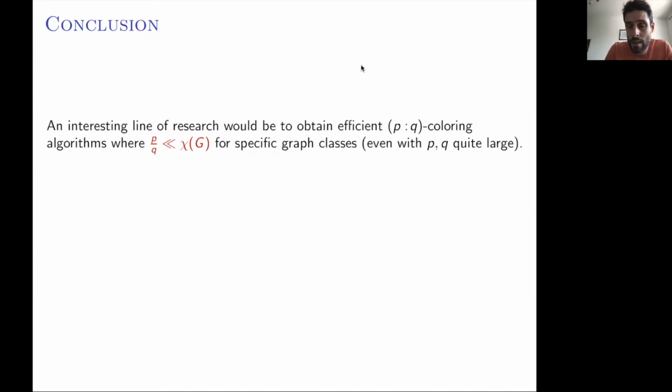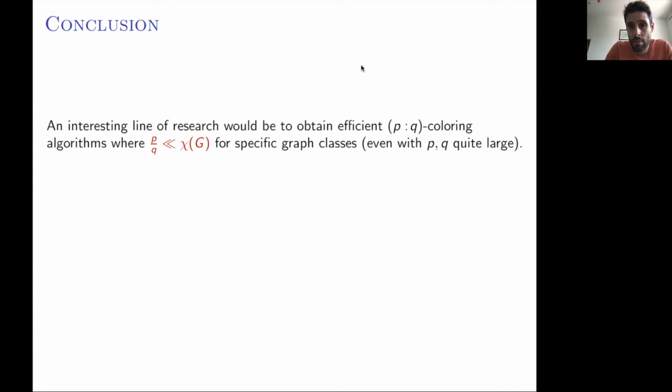And the reason for that is that a PQ coloring is also a P coloring. If you have a PQ coloring, each vertex has Q colors, but each vertex can just take 1 color out of its Q colors arbitrarily. And what you have is a P coloring. So it means that whenever you have a PQ coloring, P is at least the chromatic number.